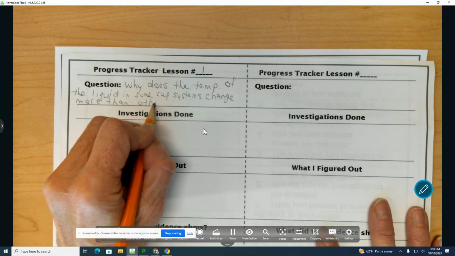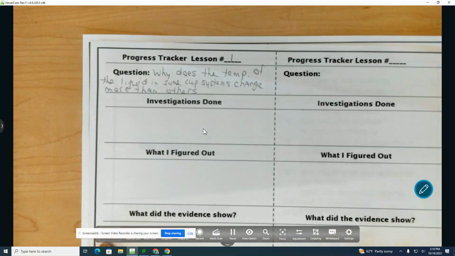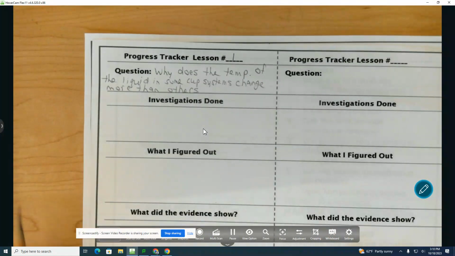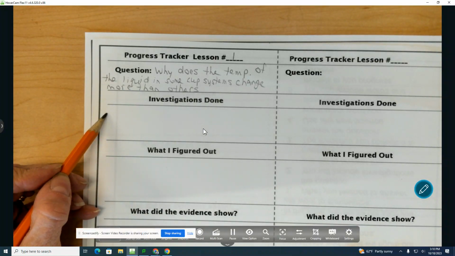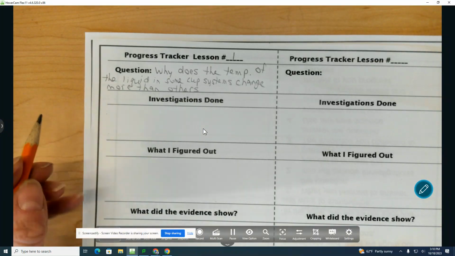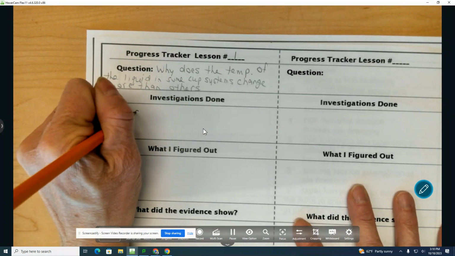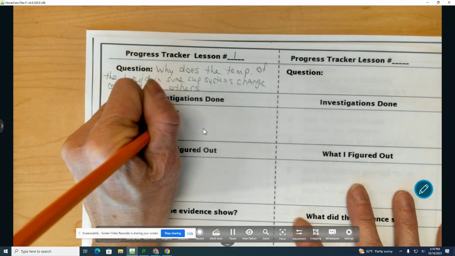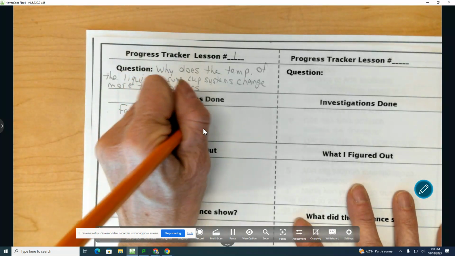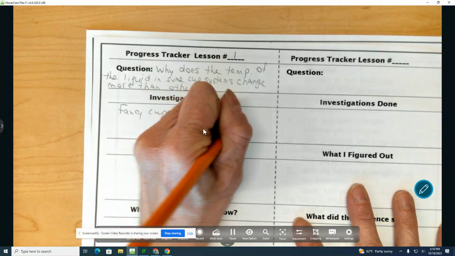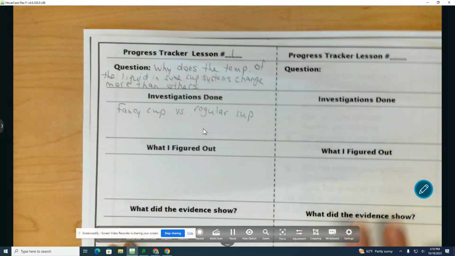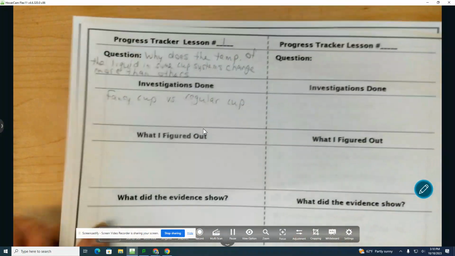All right, so this was the investigation right at the start. I did this in the classroom. I had a fancy cup versus this plastic cup, the regular cup. So we'll call this fancy cup versus regular cup. Okay? What did we figure out?